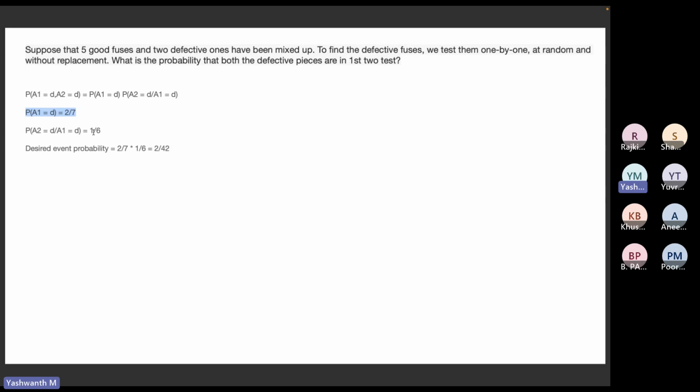That's why the numerator is 1, and out of 6 possible choices, only one is favorable, right? That's why it is 1/6. The desired probability is the product of 2 by 7 and 1/6. What if you had replaced? It's just 2 by 7 whole square.